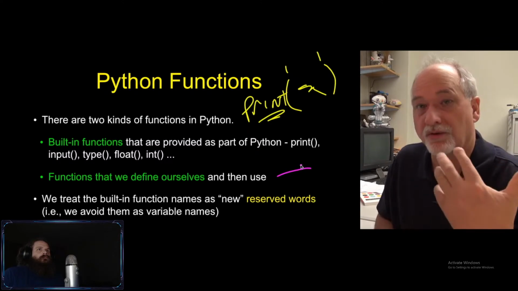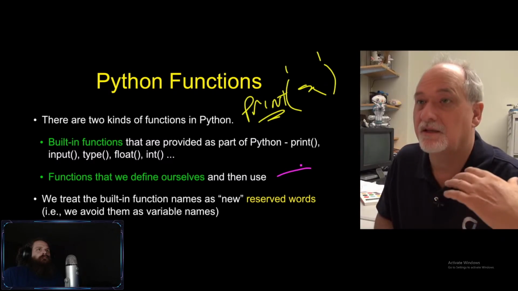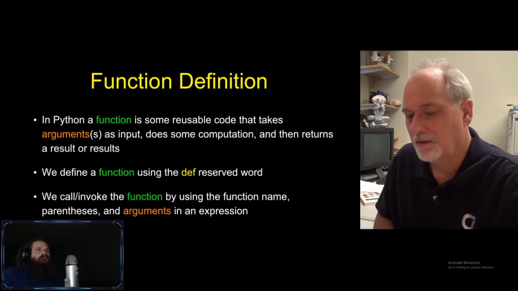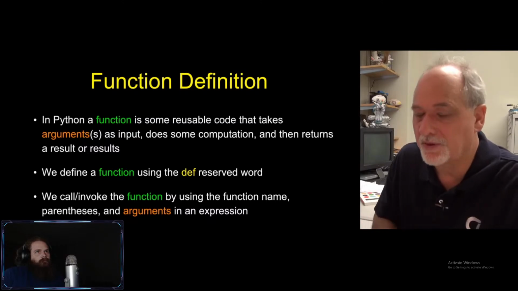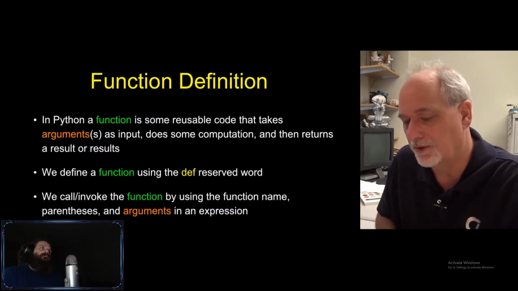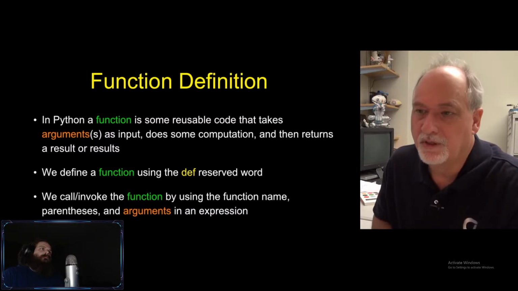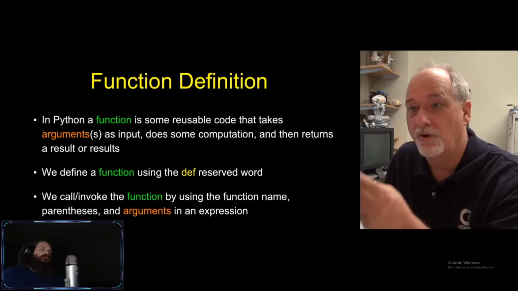And in effect, we can create new reserved words of our own making that extend the Python language after we define the function. So it's just this bit of reusable code that takes some arguments. We haven't seen any with arguments. There's a little parenthesis, and we'll see how that works in a bit. We define using the def keyword, and then we invoke it. There's the defining phase, which actually doesn't run the code, it just remembers the code, and then there's the invoking phase.